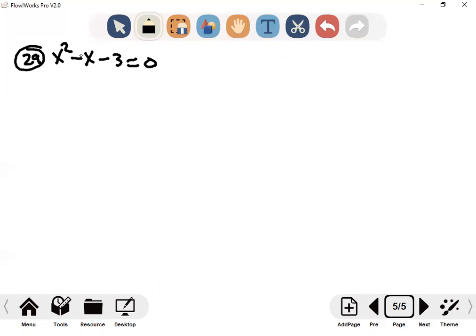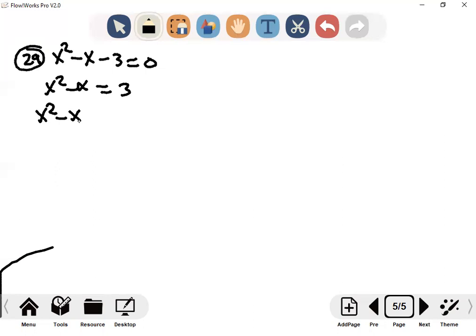The half of 1, half, power 2, what do we have? So we don't have it, right? So we need to make it. Shift the negative 3 and do the steps. Let's go, x power 2 minus x equal 3. x power 2 comes down, minus x comes down, and stop.